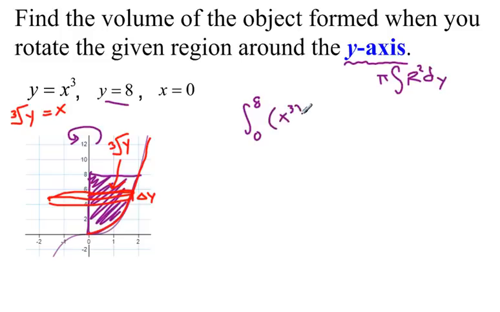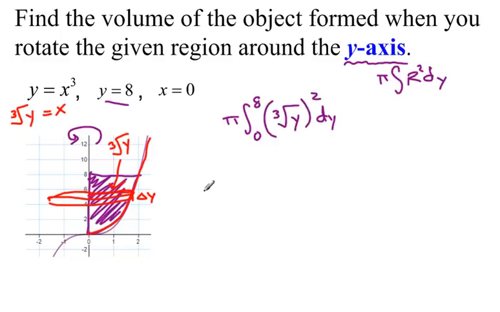So we have x cubed squared. We need that pi out front. And we have dy. Oops, I made a mistake. Remember, we said it had to be in terms of y. So let's go back and fix that. If I have dy here, everything has to be in terms of y. So we notice I have y values here, but here I need the cube root of y squared dy.